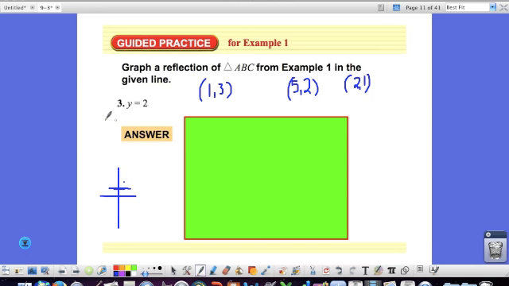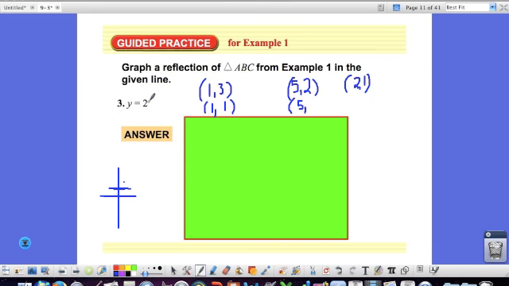So our x value is going to stay the same. We were 1 unit above the horizontal line, so now we're going to be 1 unit below the horizontal line.